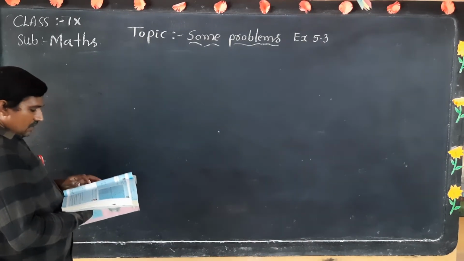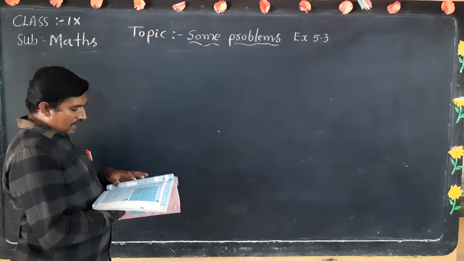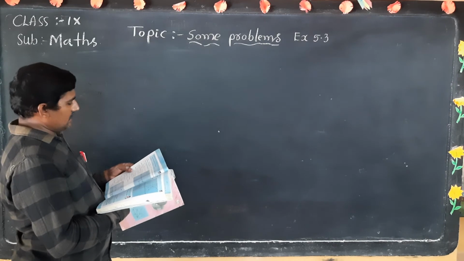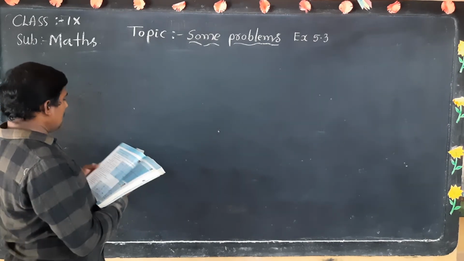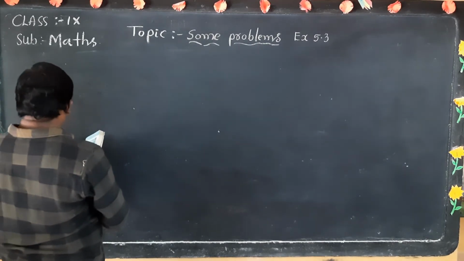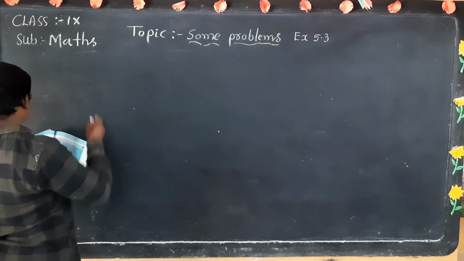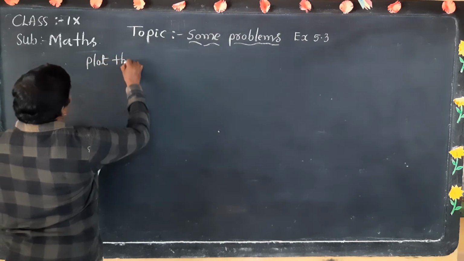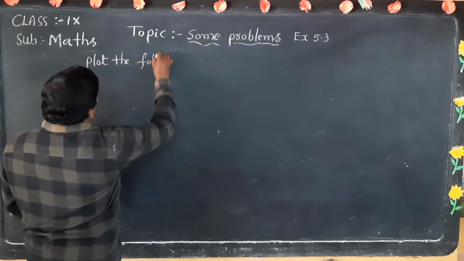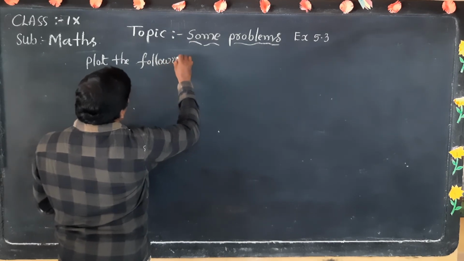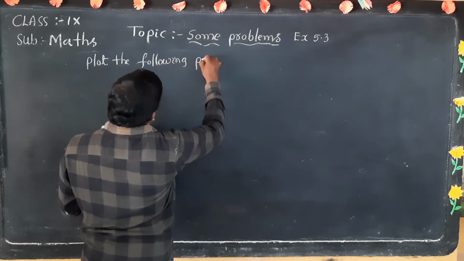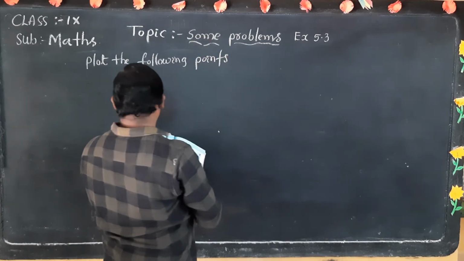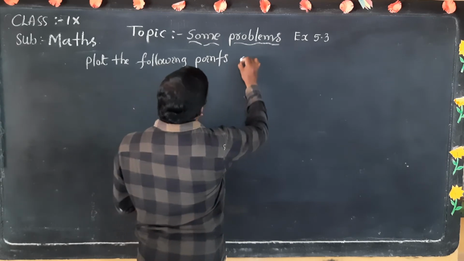they have given points for plotting. You should plot them and check the answers. What they are saying is: plot the following points on a Cartesian plane.